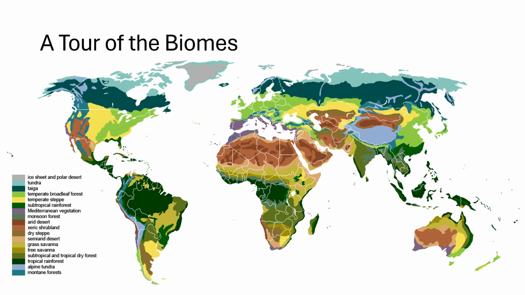And temperate deciduous forest, which this diagram is showing as temperate broadleaf forest, you can see is very widely distributed throughout the temperate latitudes in both the northern and southern hemisphere, although because there's less land mass in the southern hemisphere, it is occupying a little bit less of the territory there. A lot of that has been lost to development or agriculture.